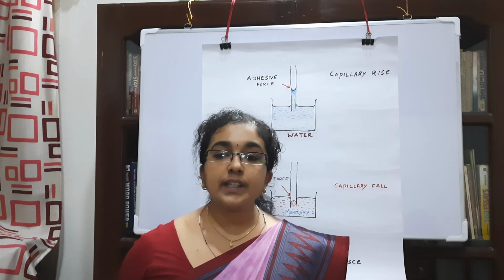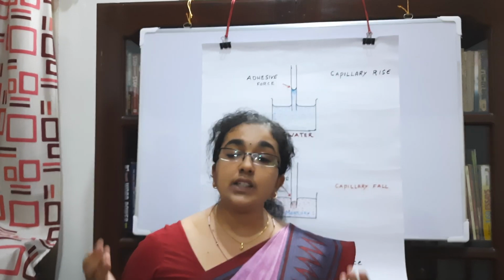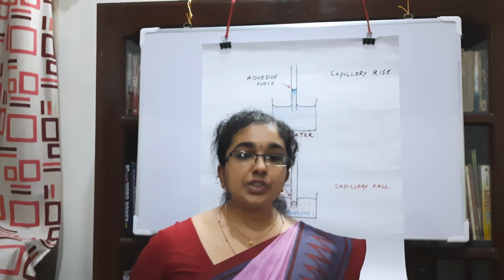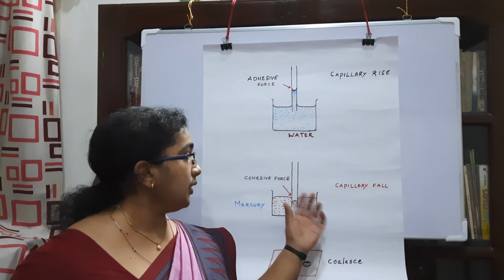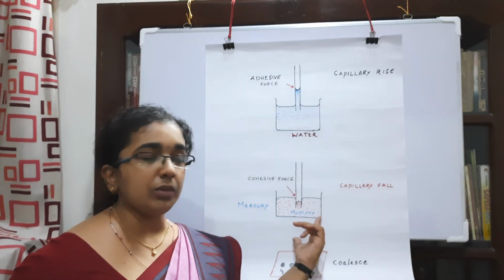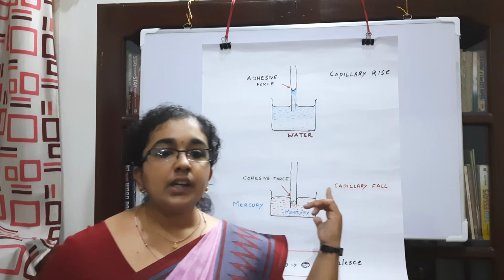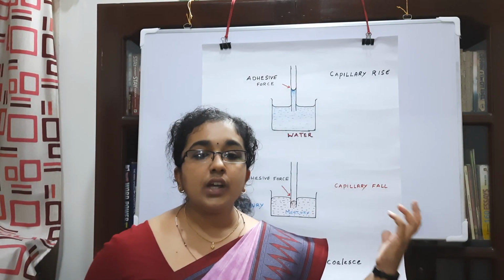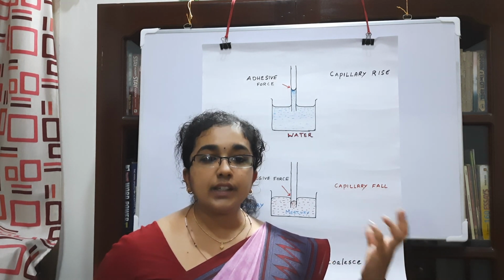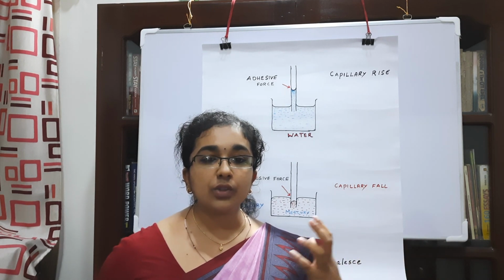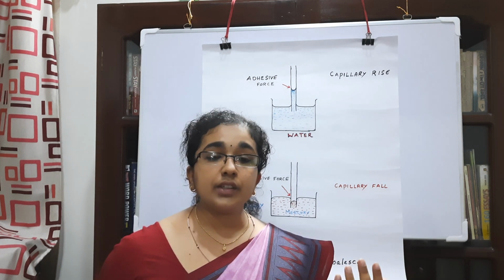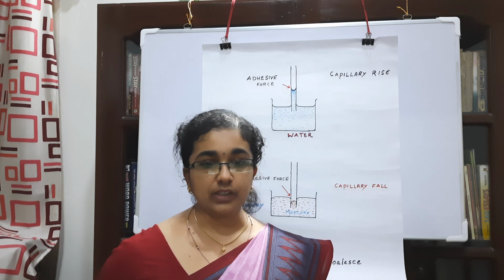Coming on to capillary depression. Here you can see the diagram corresponding to capillary depression. It is the depression of the meniscus of a liquid contained in a tube where the liquid does not wet the walls of the container, as in the mercury barometer.